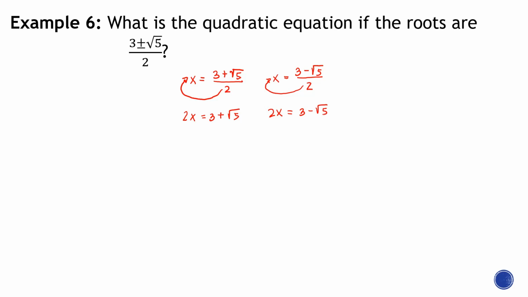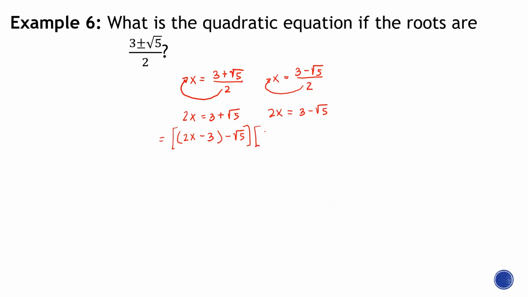of 5. Okay, so this will be 2x minus 3, opposite of 3, okay, and then opposite of positive square root of 5 is negative square root of 5. Okay, so here the ones on the right side is just the same as this one. The only difference is this negative sign that will be plus here.